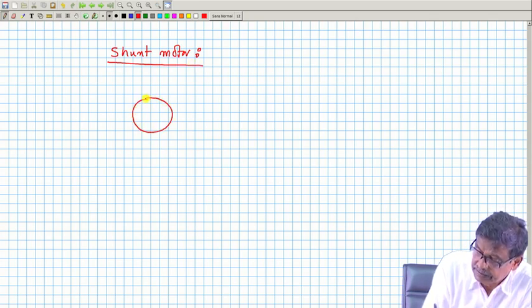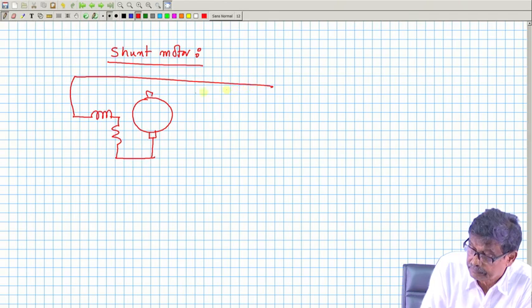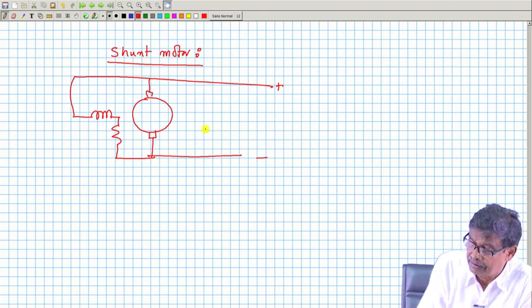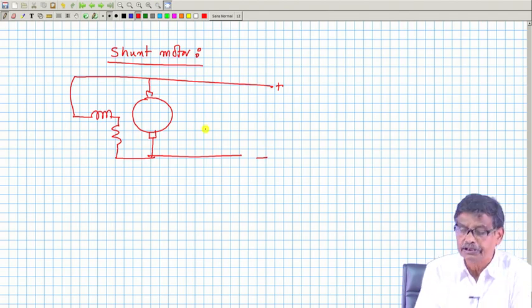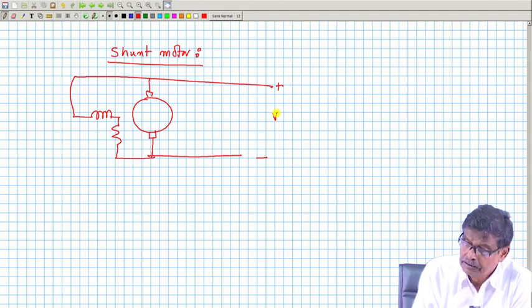This is the armature, this is the field, these two are connected in parallel, and here you give the supply voltage. Here there is no point in distinguishing between the voltage applied across the armature and the field, they are in parallel. So, this is V.